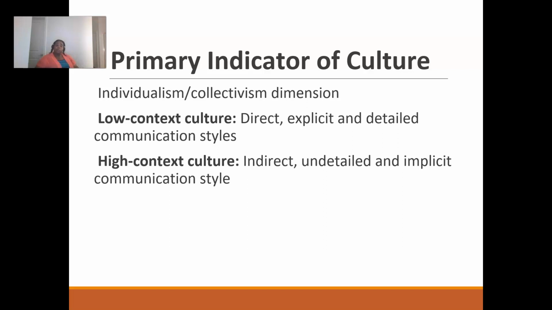There are also linguistic consequences of how our culture comes into play. So we have low context cultures, like in America, Canada, Western Europe, and Australia, where there is a direct, explicit, and detailed communication style. For example, if I say the color blue, I mean blue. If I give directions, I give straightforward directions.